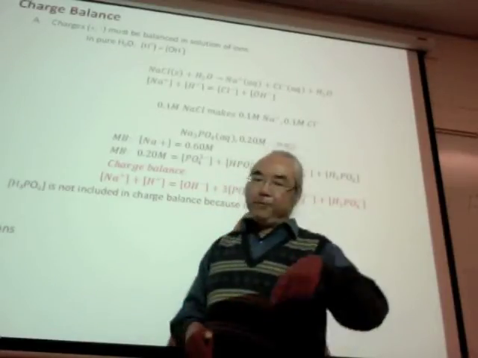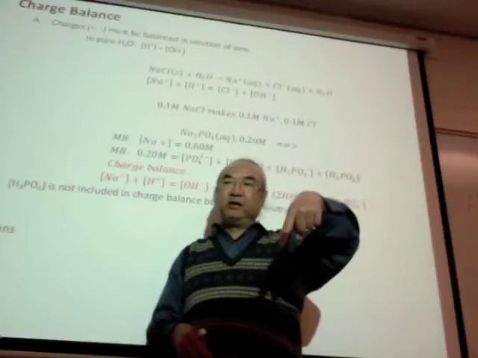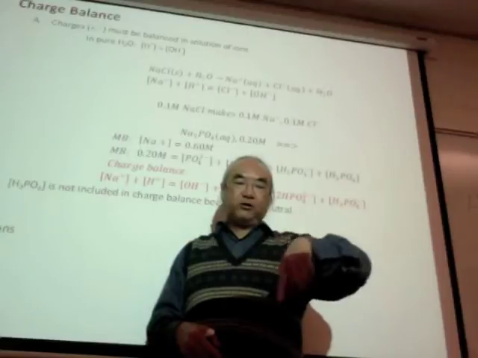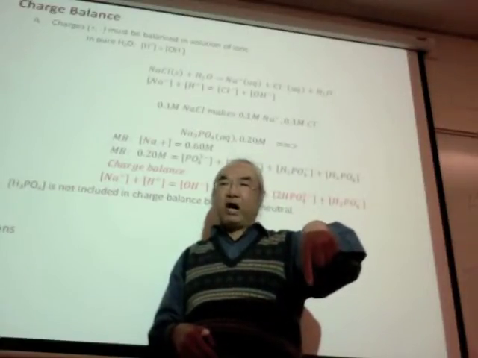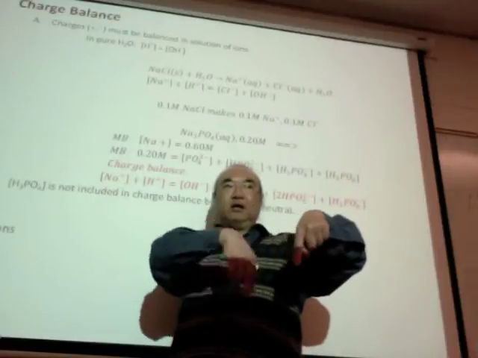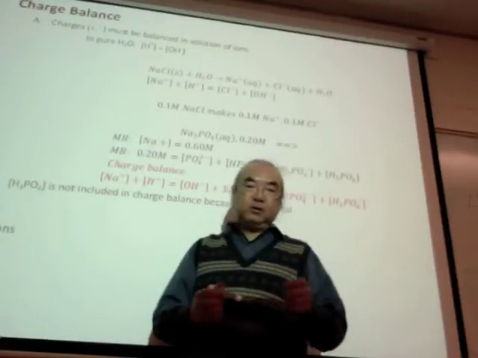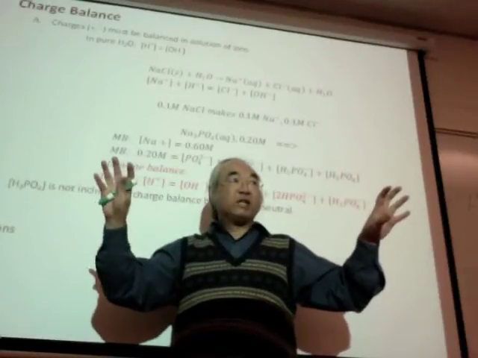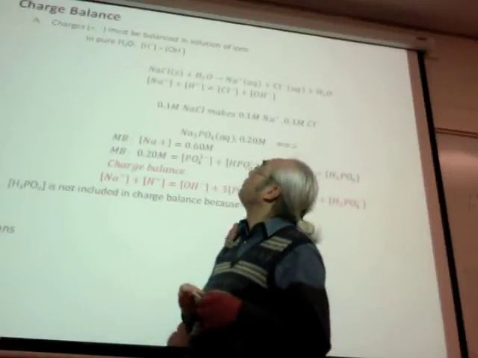You can prove that by putting your finger into pure water, you don't get an electrical shock. Or a sodium chloride solution, you put your finger in, you don't get an electrical shock because it is neutral. So the sum of plus charges must be equal to the sum of negative charges. That is charge balance.